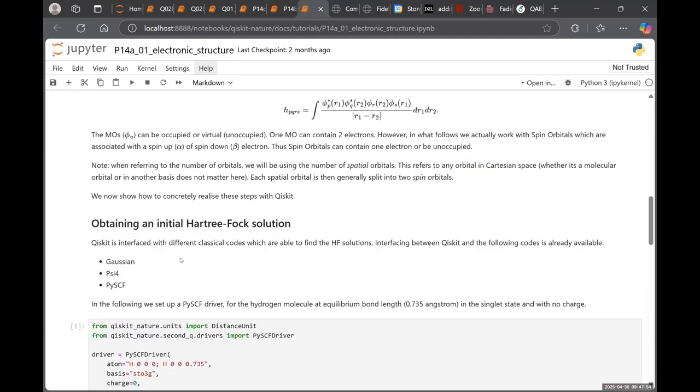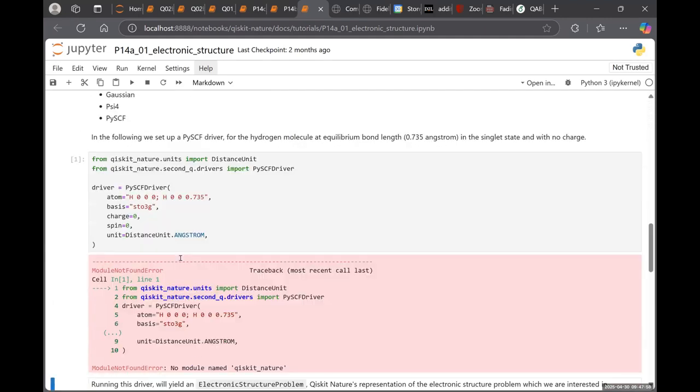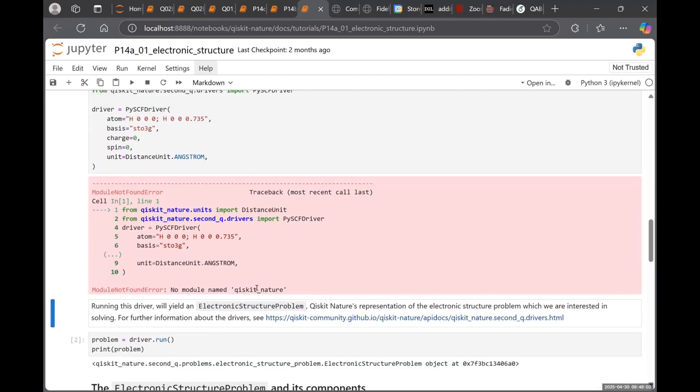No module. Let me make sure that I installed Qiskit-Nature. So you would do a pip install qiskit-nature. I'm installing in real time.